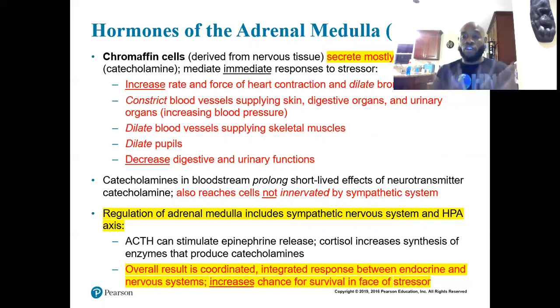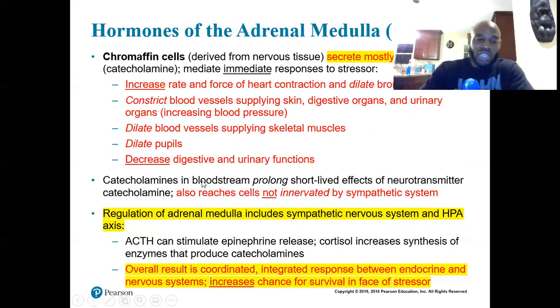So it helps more of our body get into that fight or flight mode. That's why somebody will say, I'm an adrenaline junkie or something like that. It's this epinephrine which helps us get into and keep us in that fight or flight mode.